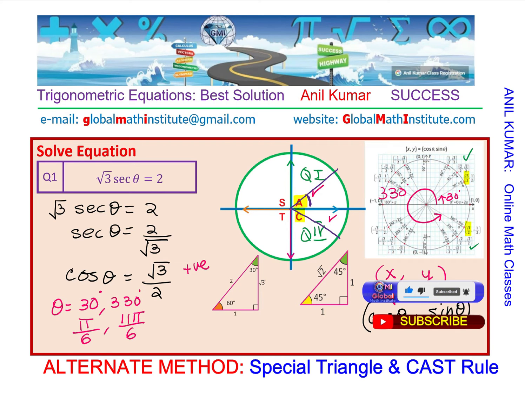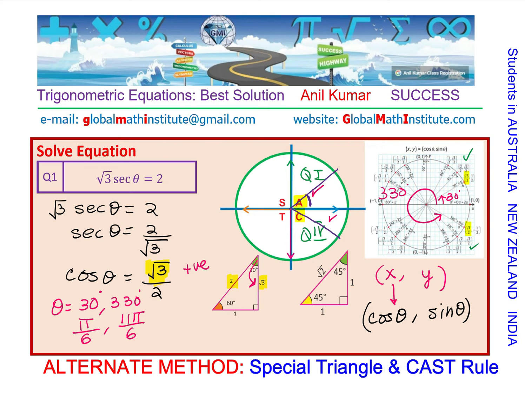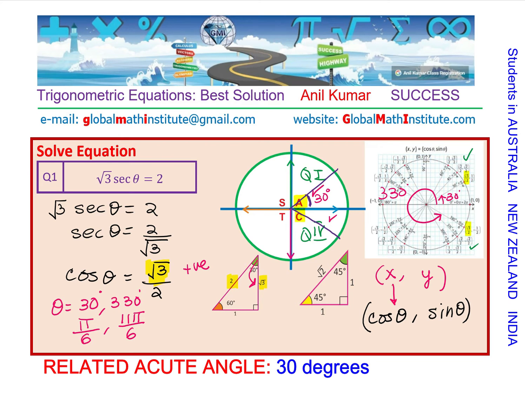So when you have something like square root 3, definitely you're looking into this triangle which involves square root 3, and that is your 30, 60, 90. Square root 3 over 2, cosine means you're looking for adjacent side, correct? So adjacent over hypotenuse, clearly the answer is 30 degrees. You can read, right? So you know that 30 degrees is your related acute angle.